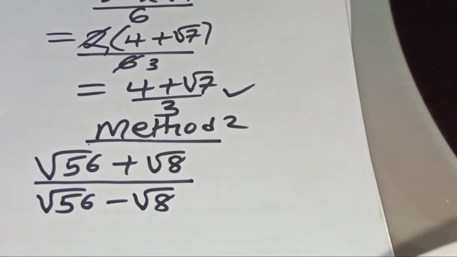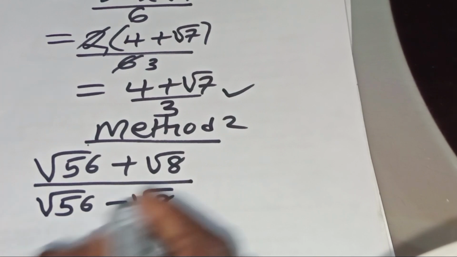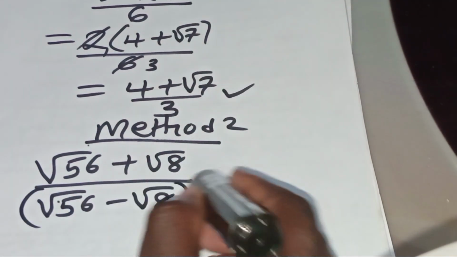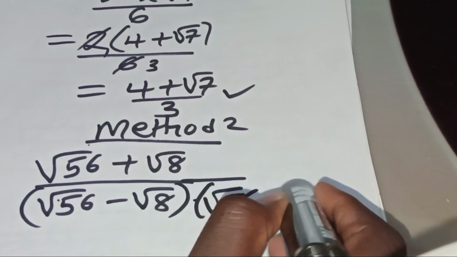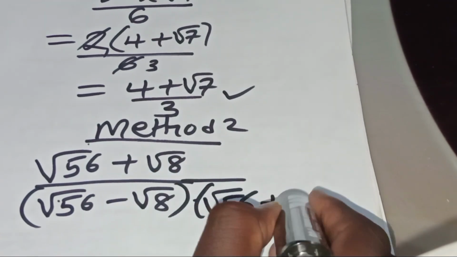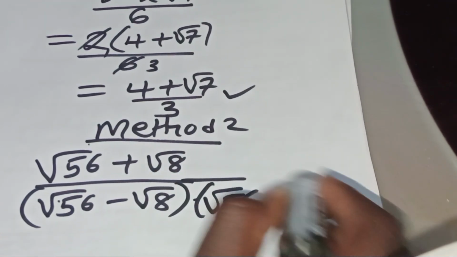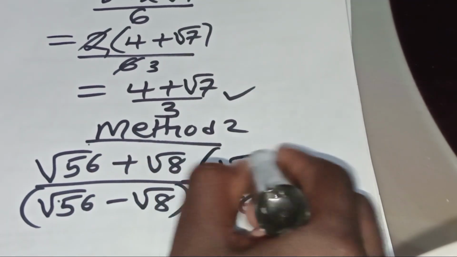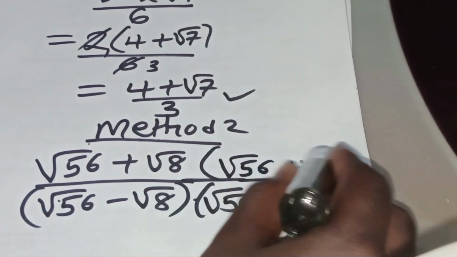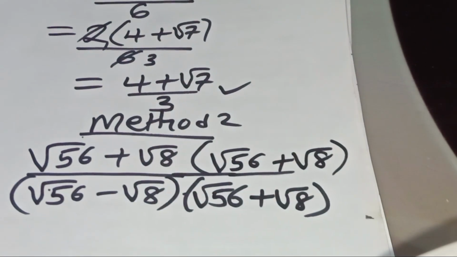We rationalize the denominator directly by introducing a conjugate to the denominator as well as the numerator. So this is the square root of 56 plus the square root of 8, also introduced in the numerator, that is the square root of 56 plus the square root of 8.